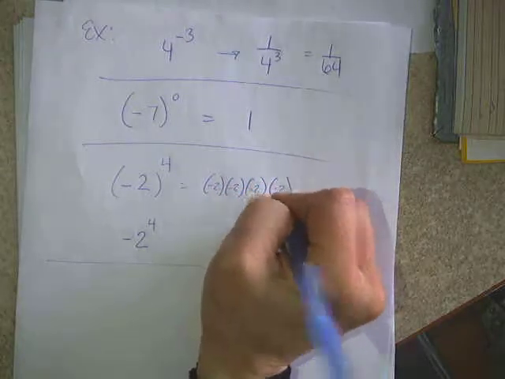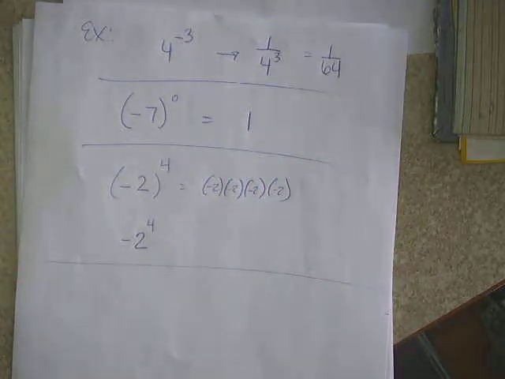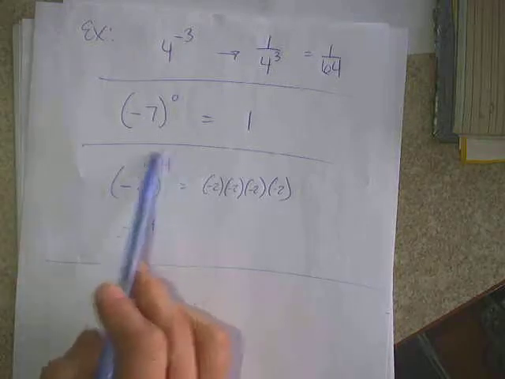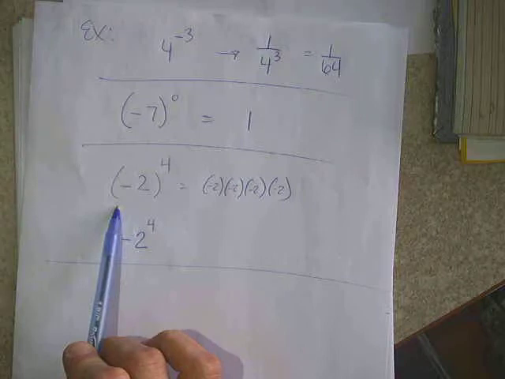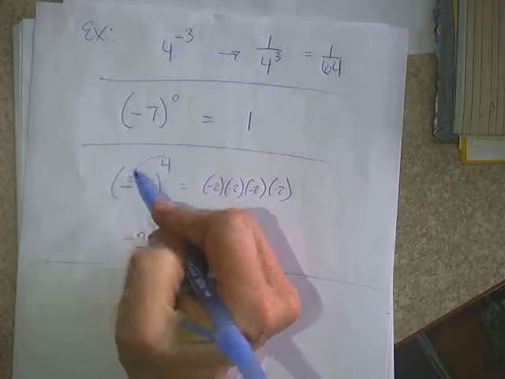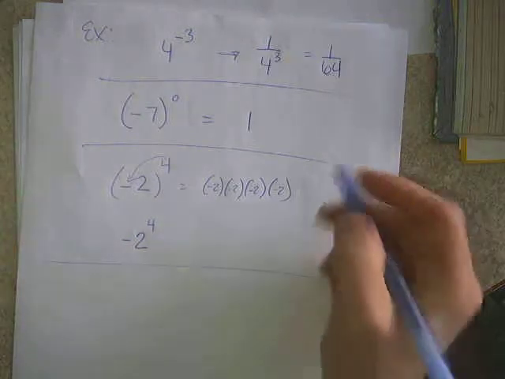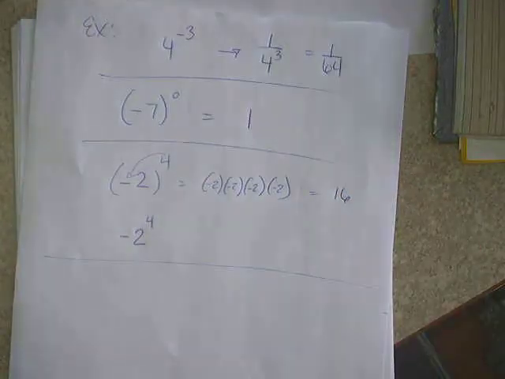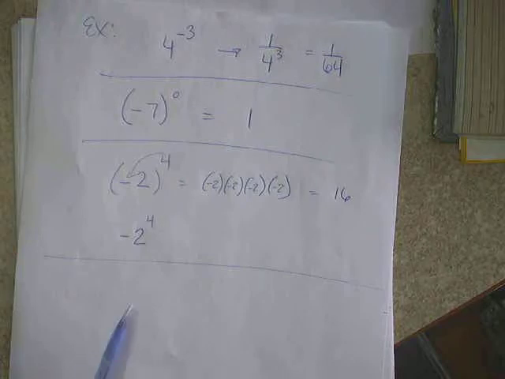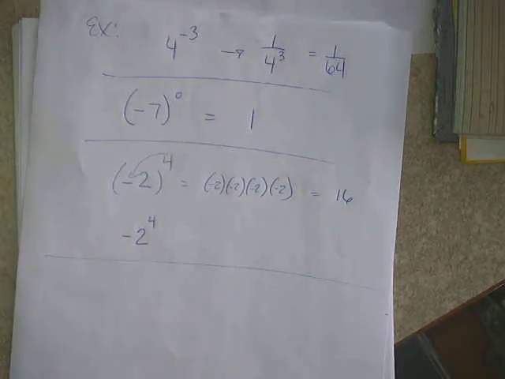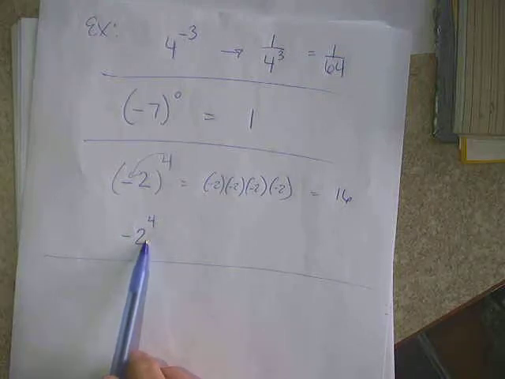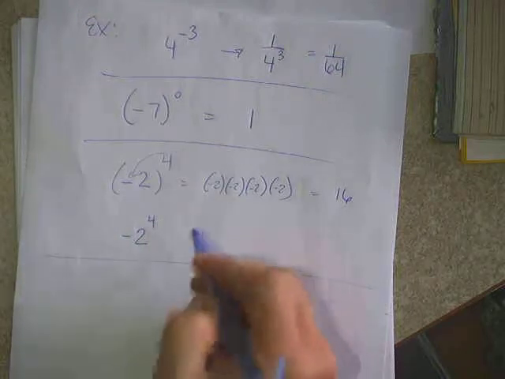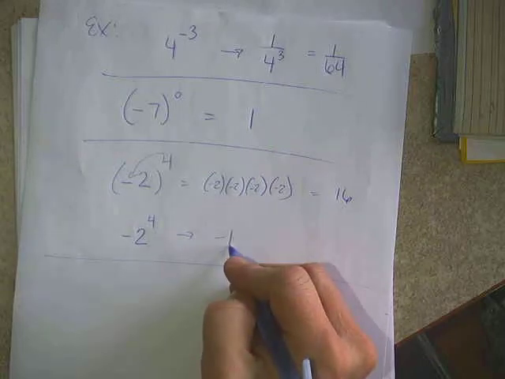This means -2 times -2 times -2 times -2. That's why it gets the exponent. It's in parentheses. That means I have 4 negatives, right? Each pair cancels out. So ultimately, any even exponent, if my negative inside gets it, it's going to be gone. Because this means I have 4 of them, right? So this is really just 16.